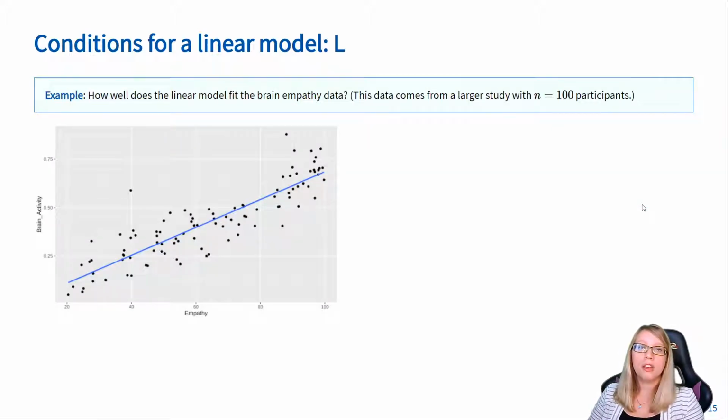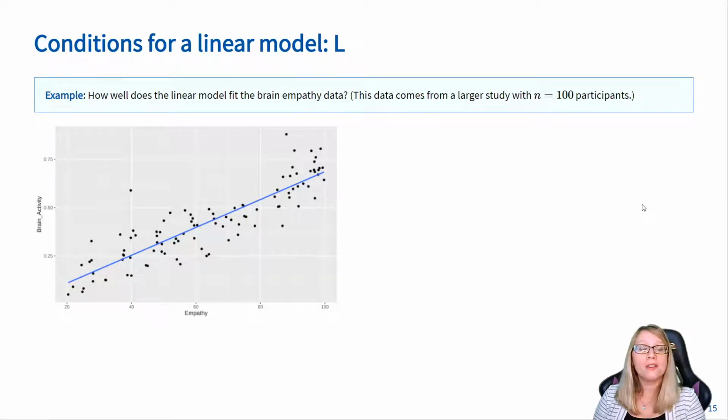So let's start with looking at the L condition. How well, for example, does the linear model fit the brain empathy data from the previous video? Here we're looking at a larger version of this data set. As a reminder of the experiment, we had couples in a committed relationship where the female partner completed an empathy test and then watched her male partner receive a series of electric shocks.